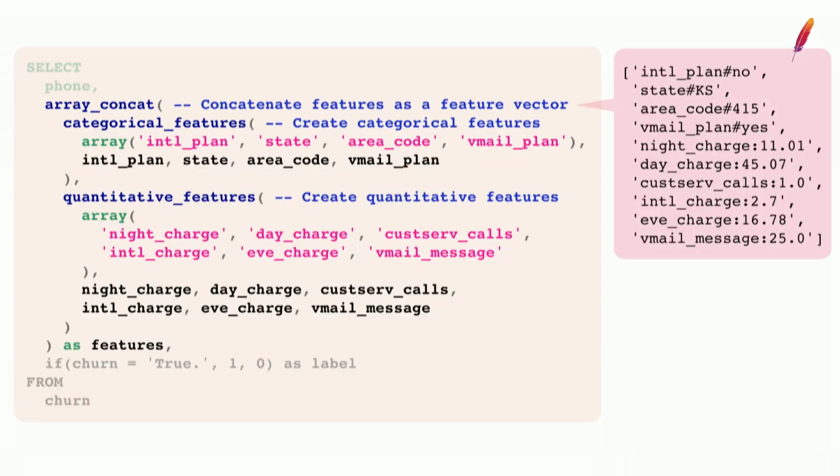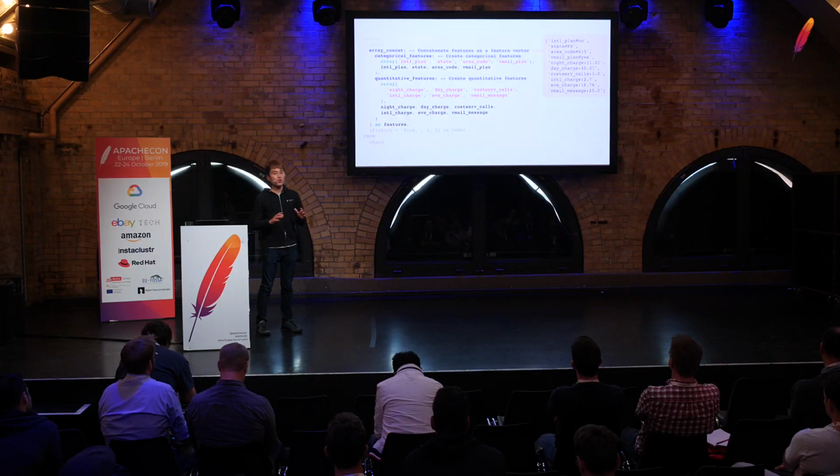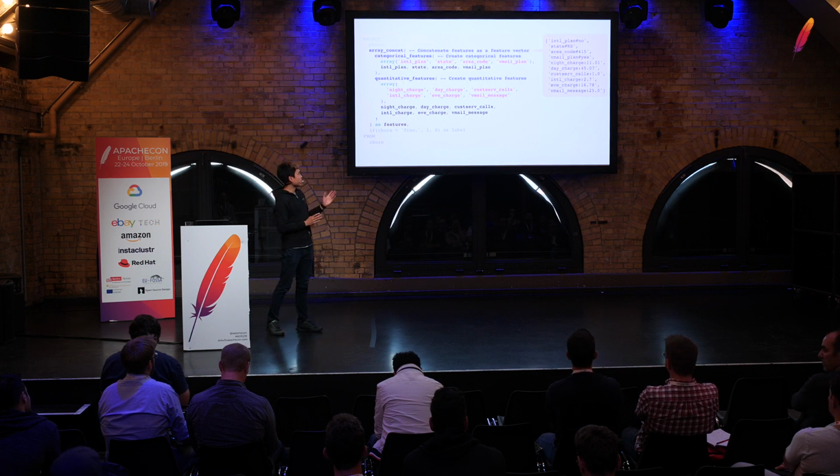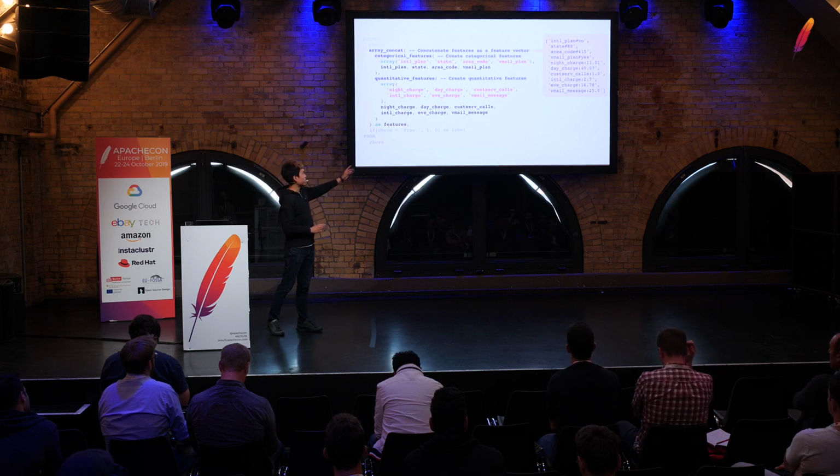So let me go back to the previous query issued in the SparkSession. Inside the query, we have the categorical_features function and the quantitative_features function. Eventually, we want to concatenate those quantitative and categorical feature vectors into a single feature vector so that we can directly pass it to the following training query. What you obtain as a result of this query looks like that.